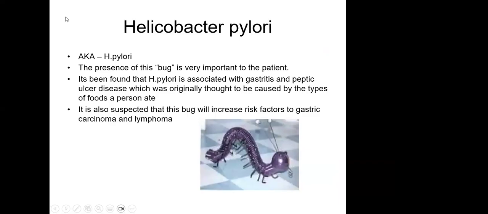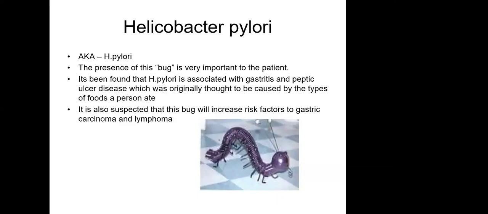Then we have Helicobacter pylori. This is referred to as H. pylori. H. pylori is really very, very important to the patient.